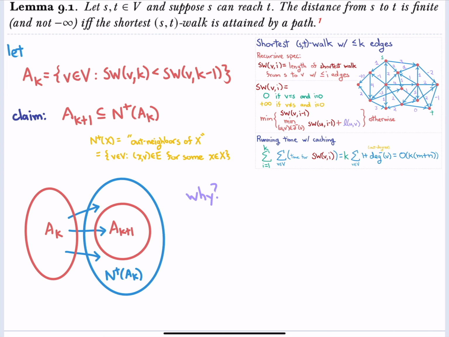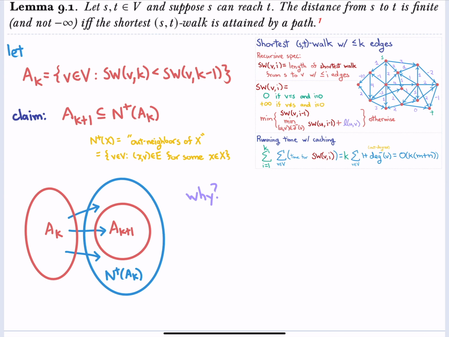Because if it was from 9 or something, that improvement would have come in the previous iteration when I was computing k equals 10. So if I'm improving on k equals 11, that better walk's last edge is coming from a vertex that improved in k equals 10.